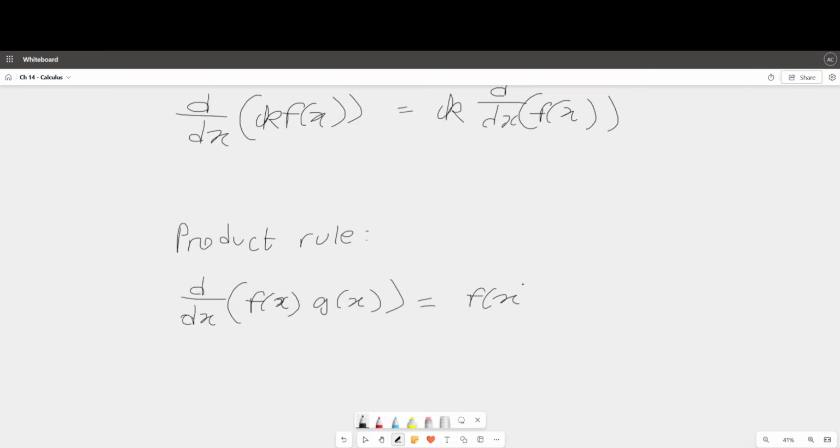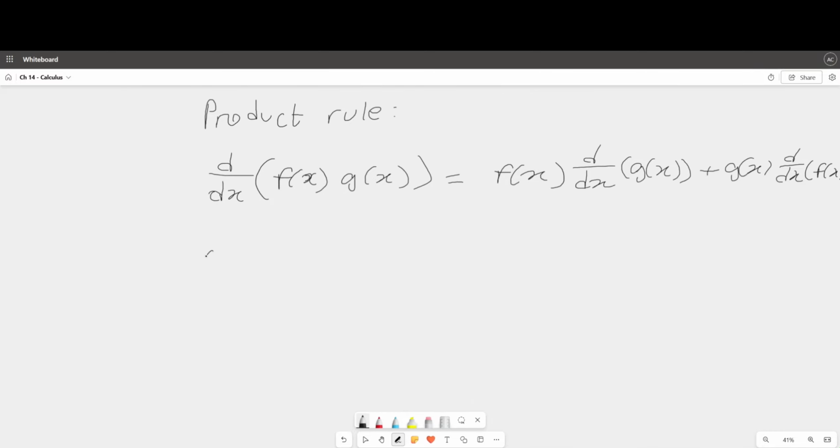So this just becomes f of x times the derivative of g of x plus g of x times the derivative of f of x. Okay, so it's actually the first function times the derivative of the second function plus the second function times the derivative of the first function, and that is the product rule.